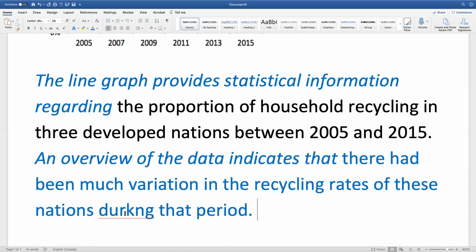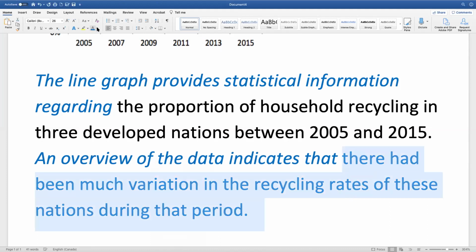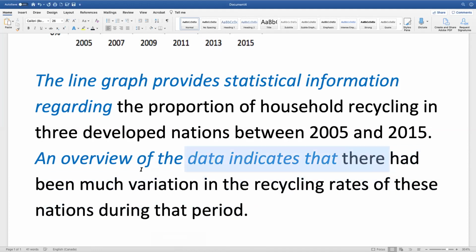Okay. So there had been much variation, okay? In the recycling rate of these nations during that period. We can use here over 10 years, or say over the 10 years.